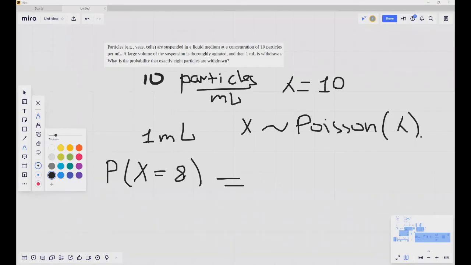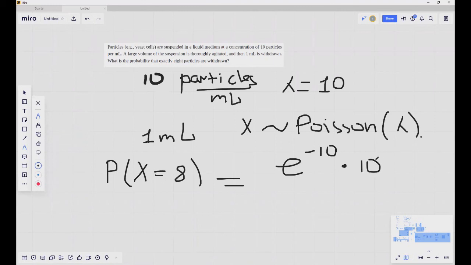Now, to find the probability that my random variable x is equal to 8, we should use the PMF for a Poisson random variable with parameter lambda equal to 10. So e to the power of minus lambda, e to the power of minus 10, multiplied by lambda to the power of k, 10 to the power of 8, k is equal to 8 in that case, divided by k factorial, so divided by 8 factorial.